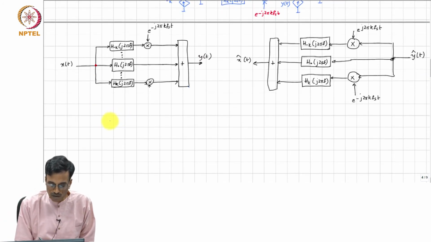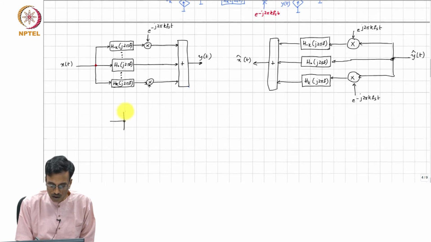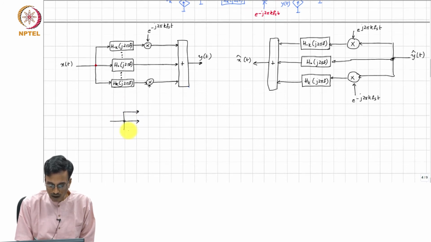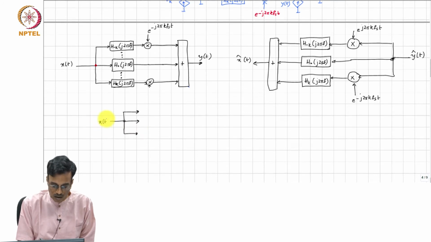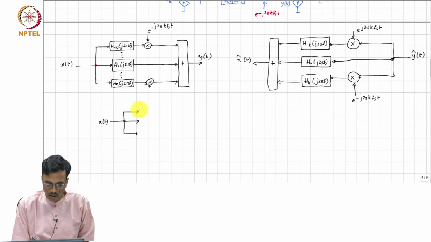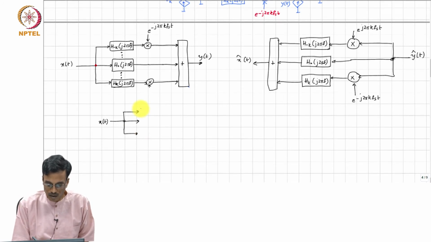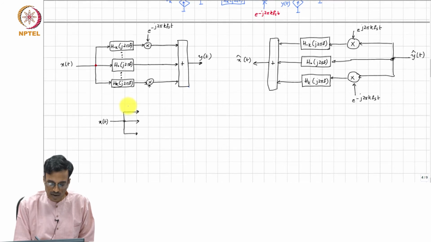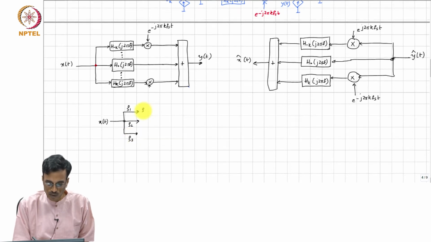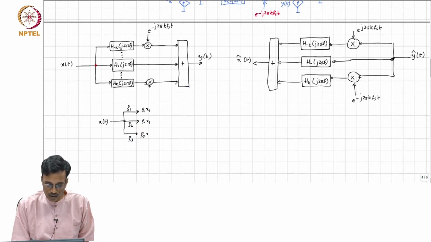So, consider a pick off point in the original signal flow graph, and say we have gains here, let us call them G 1, G 2, G 3. This is G 1 times x 1, G 2 times x 1 and G 3 times x 1.